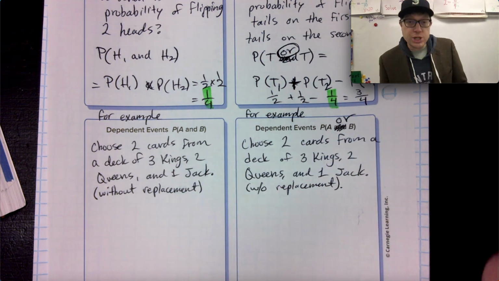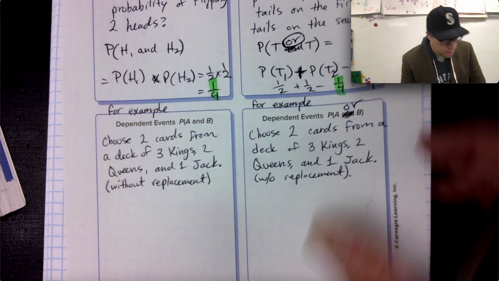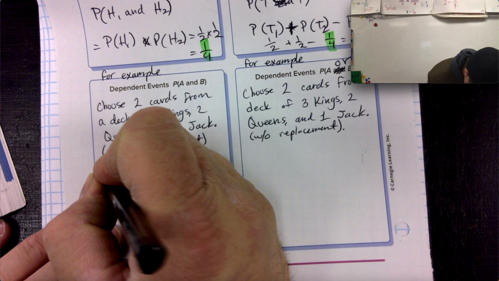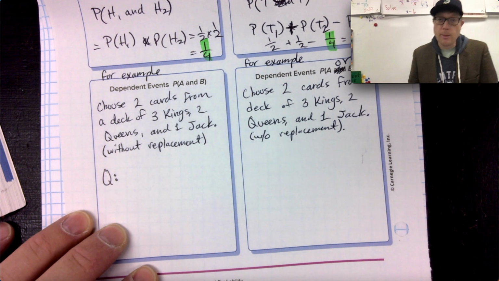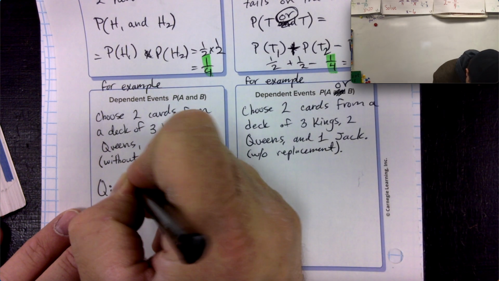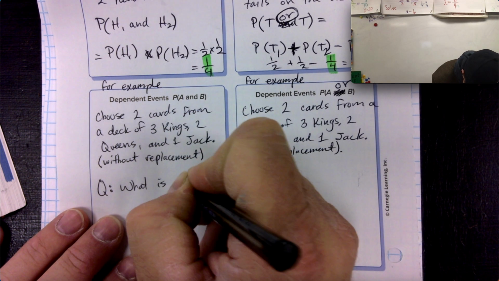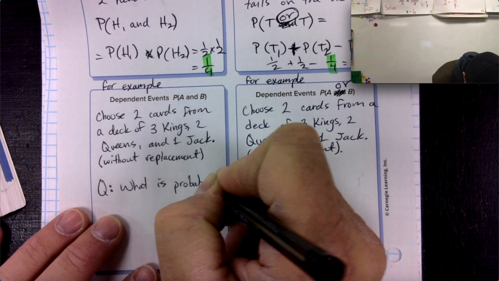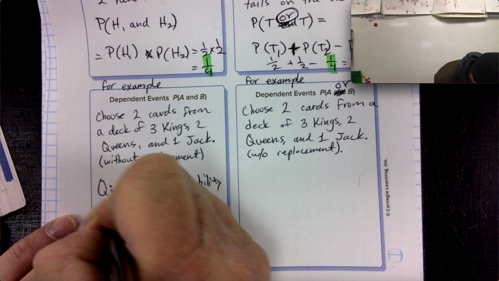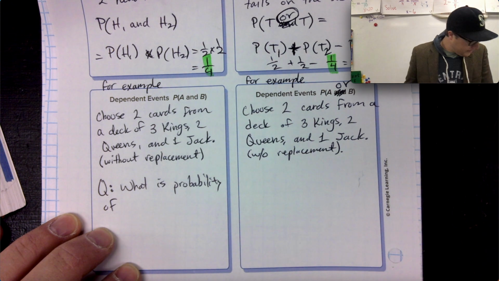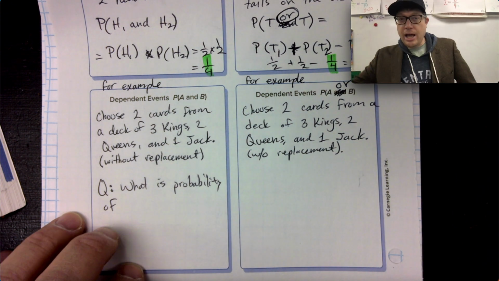Check that out. Okay, so our question is probably something along the lines of this. Question: what is the probability of choosing a king and then a queen?